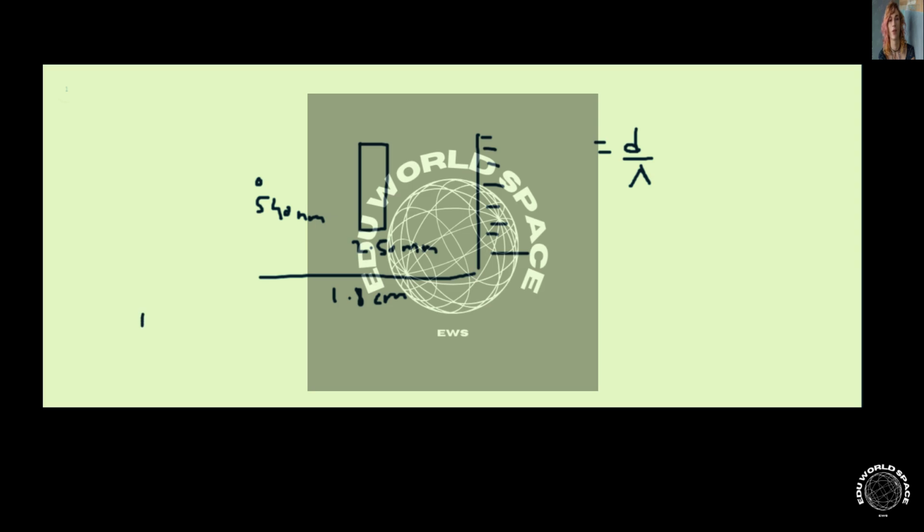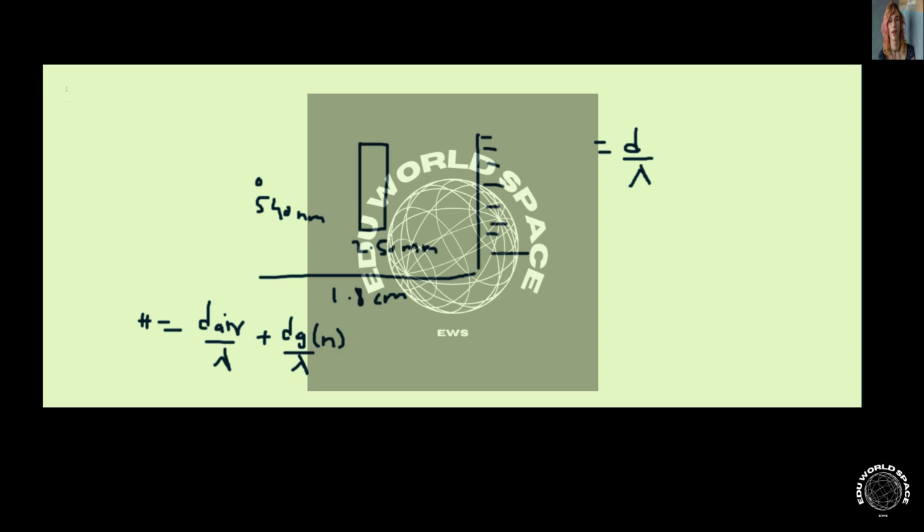So the total number of wavelengths we have here can be written as the distance in air over the wavelength, plus the distance in glass times the refractive index of the glass, n, over the wavelength lambda in a material.